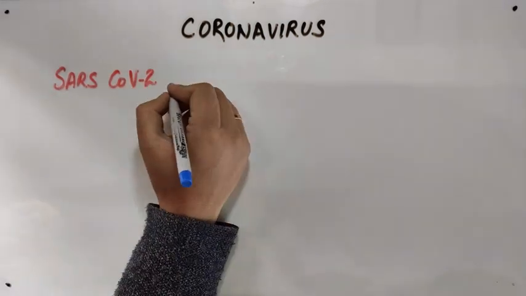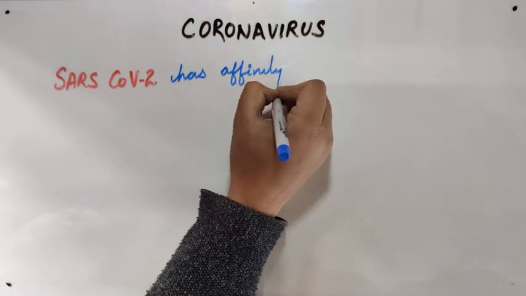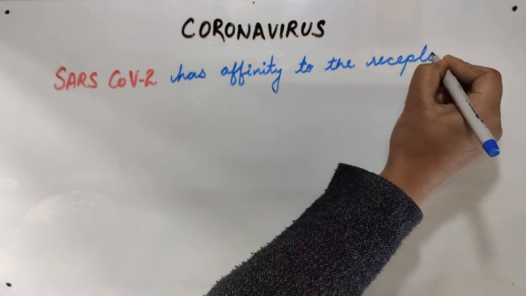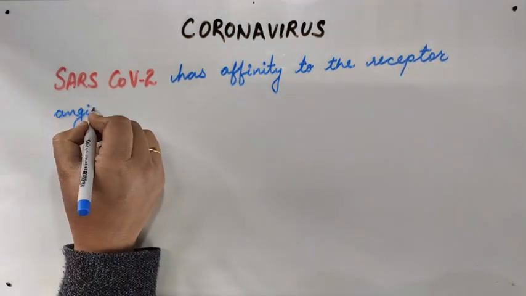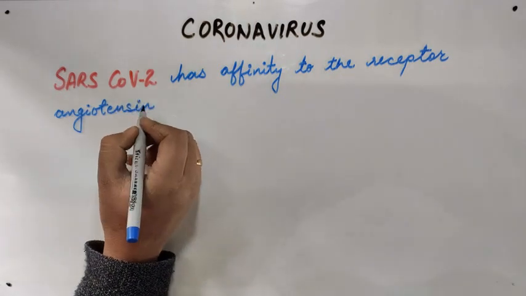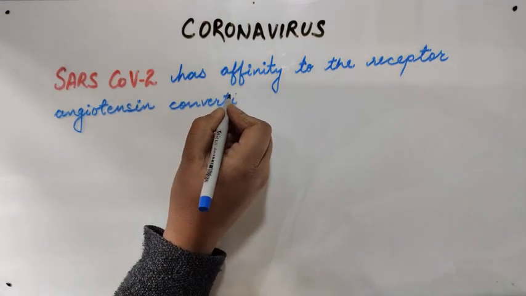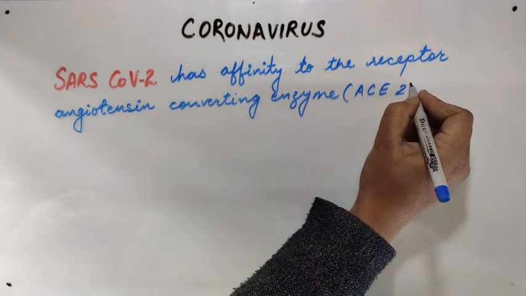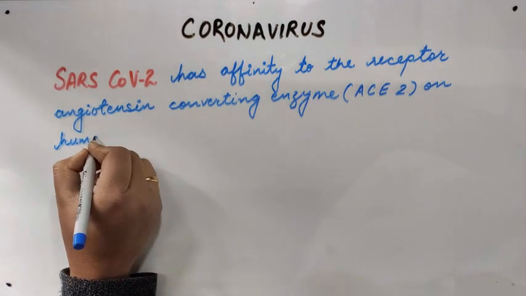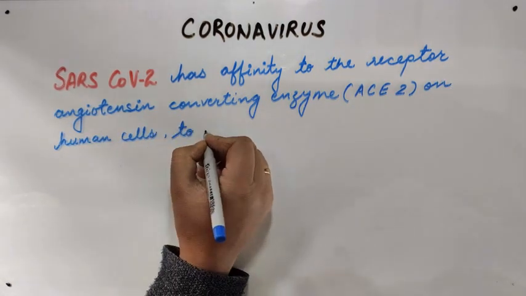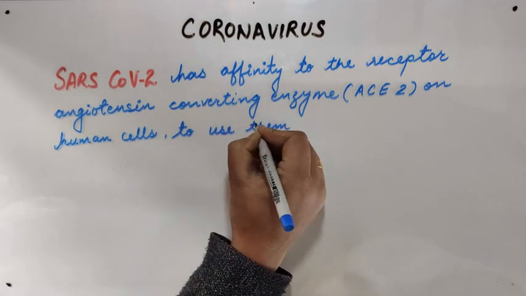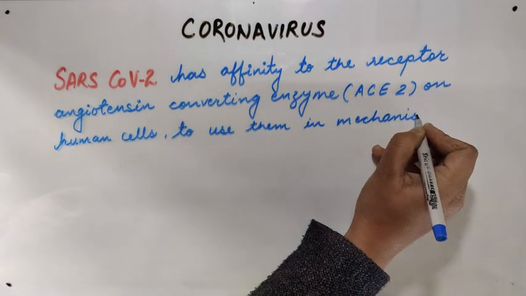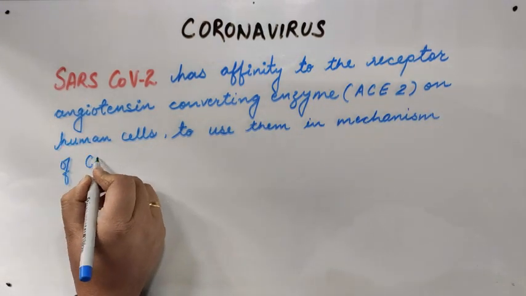SARS coronavirus 2 has affinity to the receptor angiotensin converting enzyme 2, ACE2, on human cells, to use them in the mechanism of cell entry by the process of endocytosis.